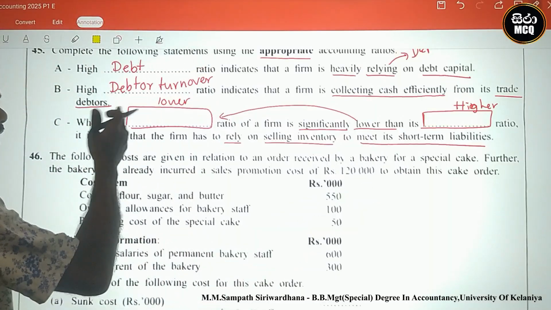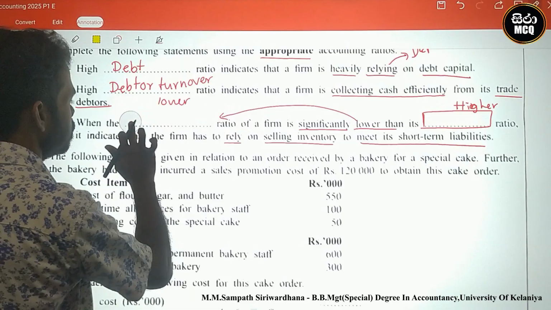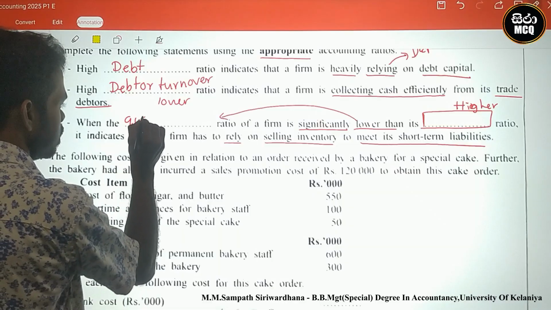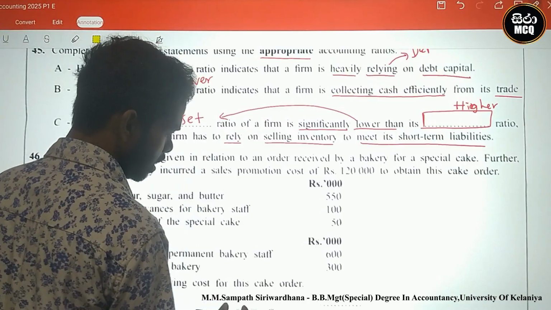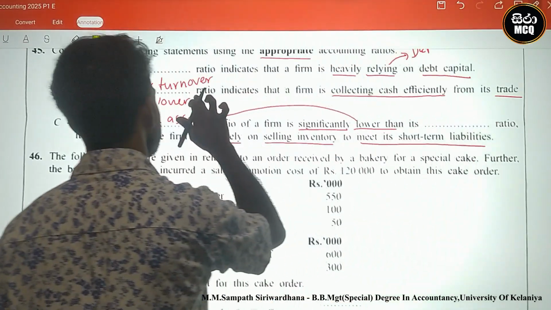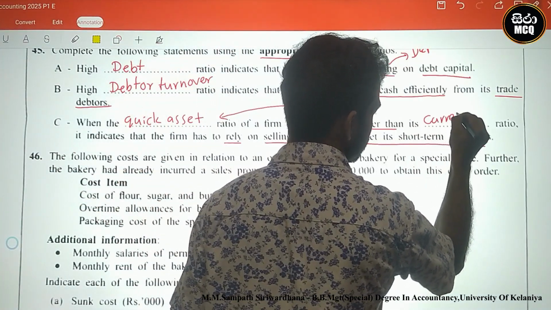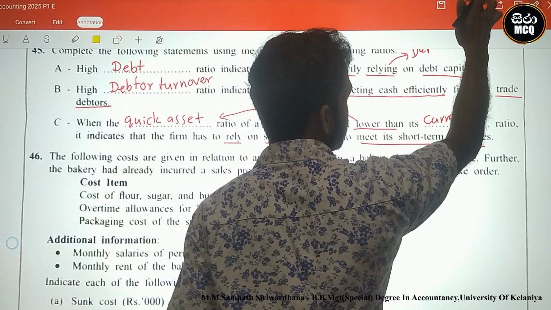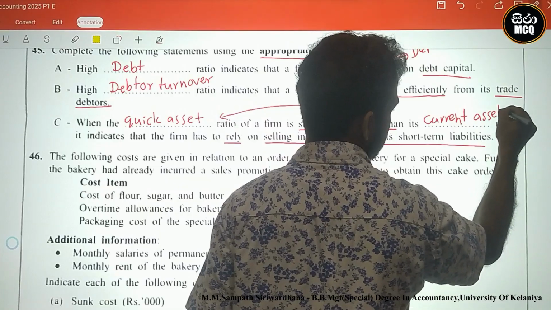Therefore, we can imagine that the lower one is the quick asset ratio, and the higher one is the current ratio.